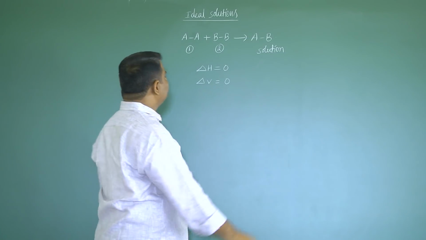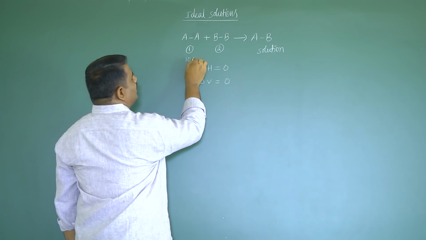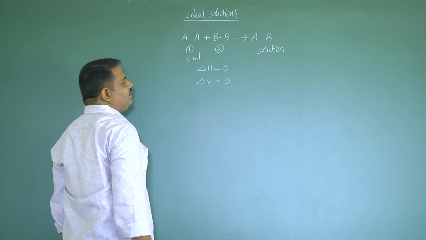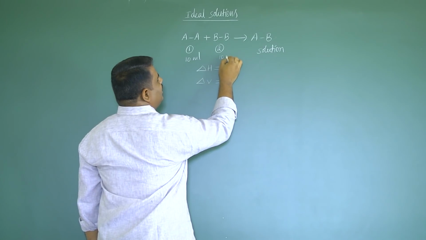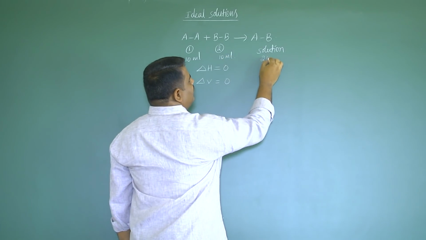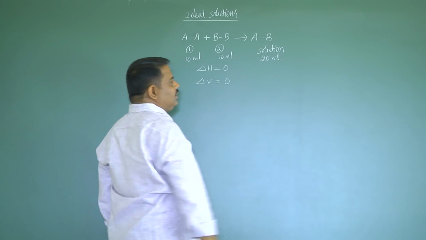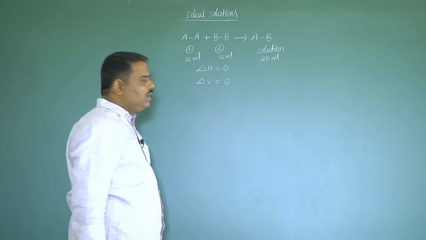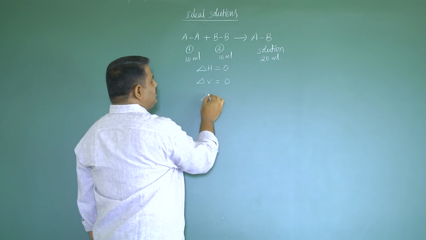For example, if 10 milliliters of a component is added to 10 milliliters of another component, then we will get 20 milliliters of solution. How to calculate change in volume?